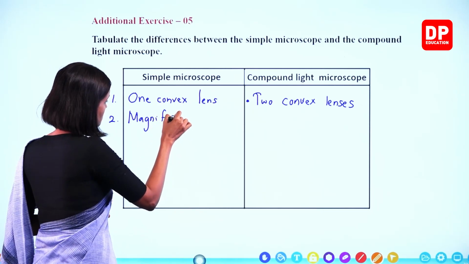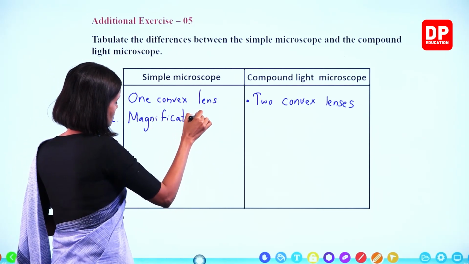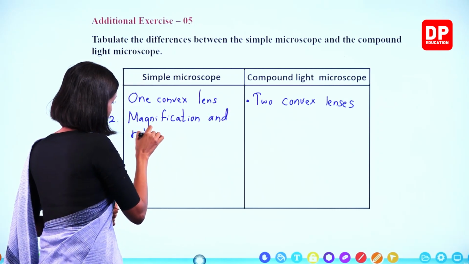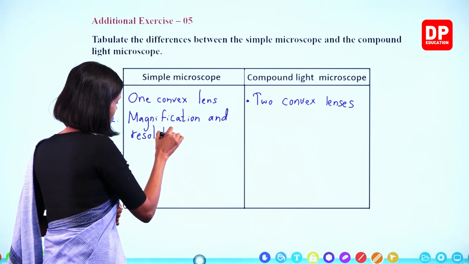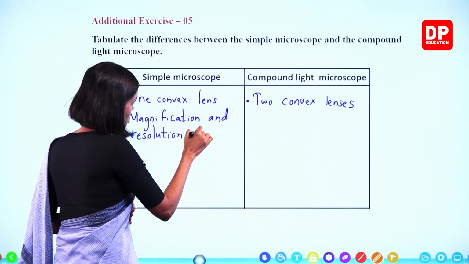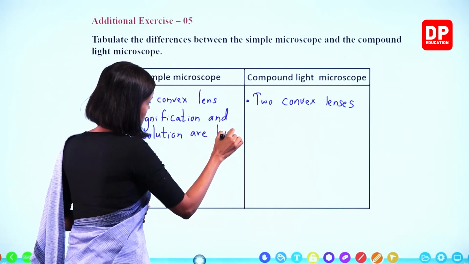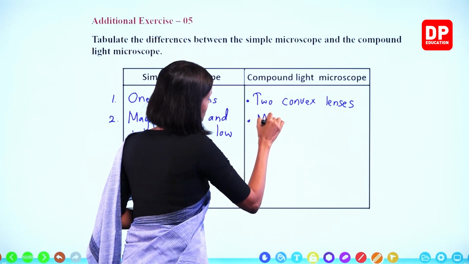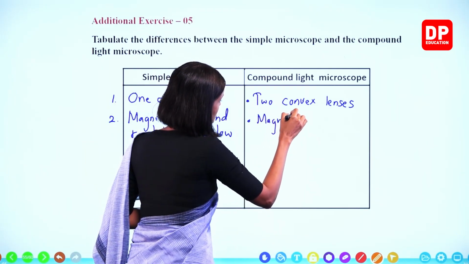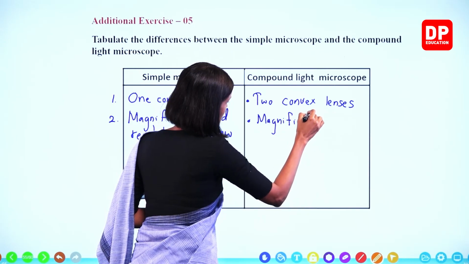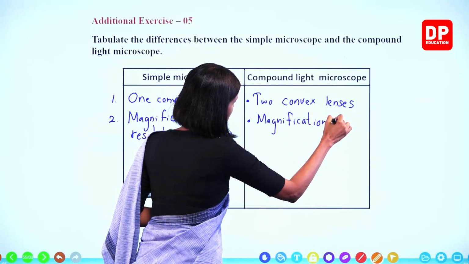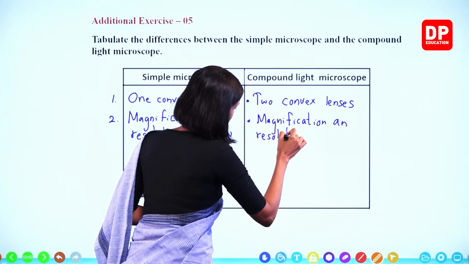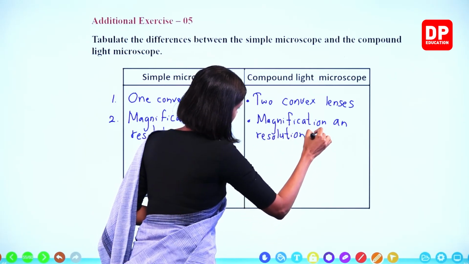Magnification and resolution are low. Here magnification and resolution are high.